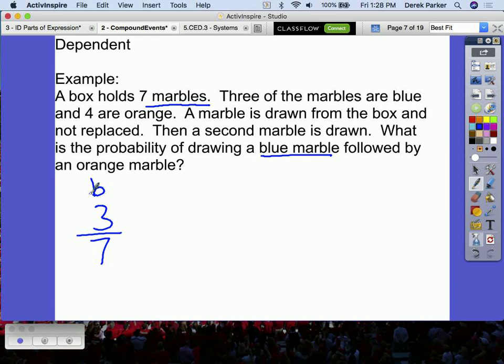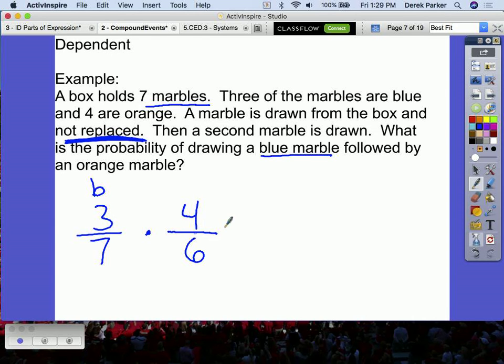Now remember, in here it says not replaced. Since it is not replaced, this is a dependent problem. So you think to yourself, what would the new sample space be if I don't replace the marble? 6. There are 4 orange. So the probability of getting an orange is 4 out of 6 because that other marble was not placed in there.